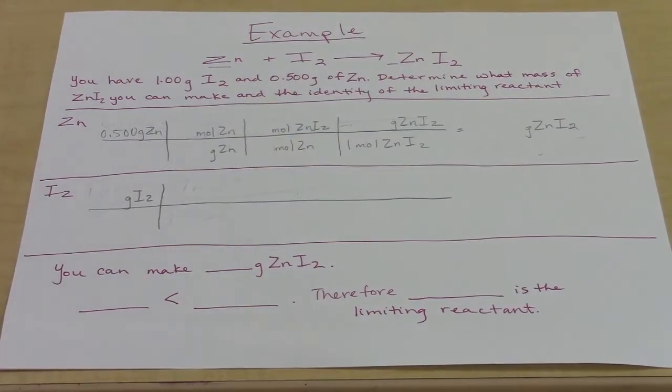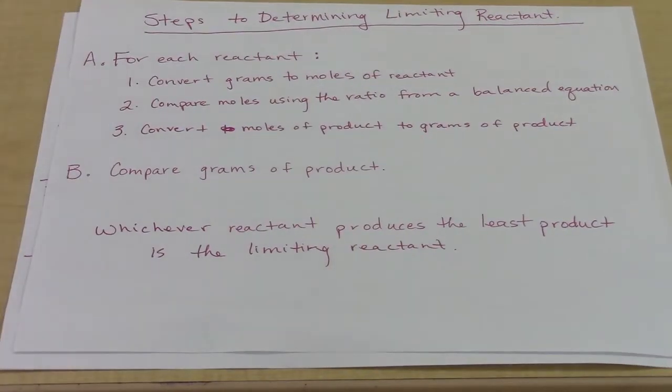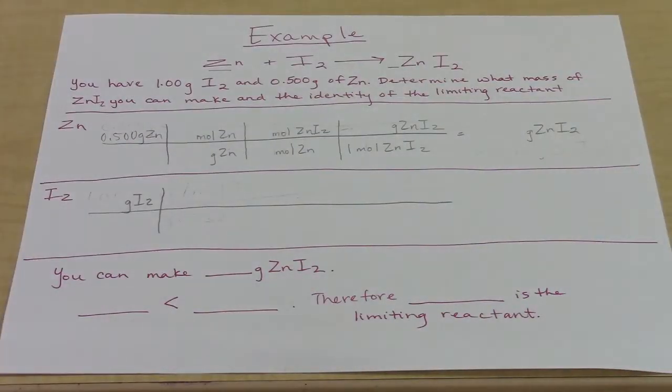So just a quick reminder, I'm going to show you one more time. For each of those, we're going to convert grams to moles, then moles of reactant to moles of product, and then moles to grams of product. Then we're going to compare. All right. So I've gone ahead and set up our train track.